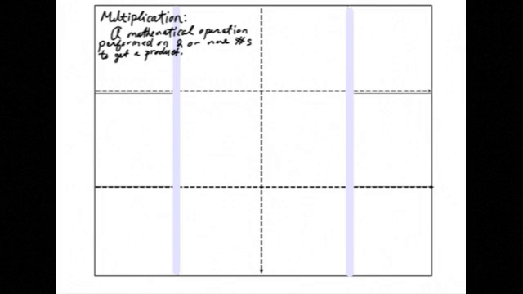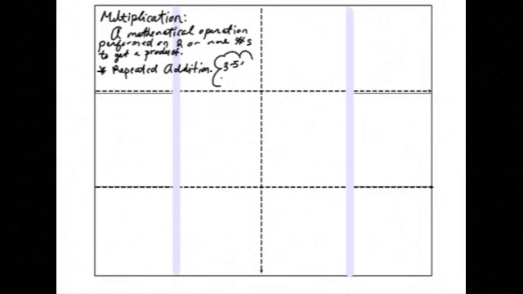Another piece of that definition is that it's sometimes referred to as repeated addition. And what we mean by that is if we were going to say what is 3 times 5, well, that's the number 3, 5 times. So we talk about repeated addition in terms of multiplication as well, right?